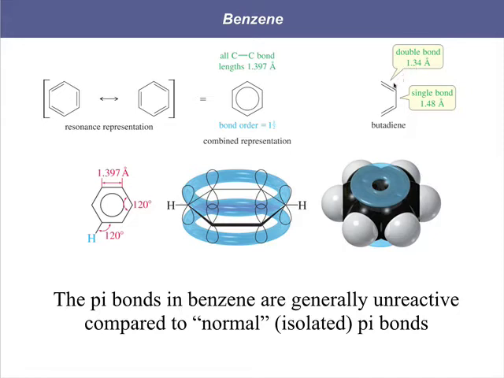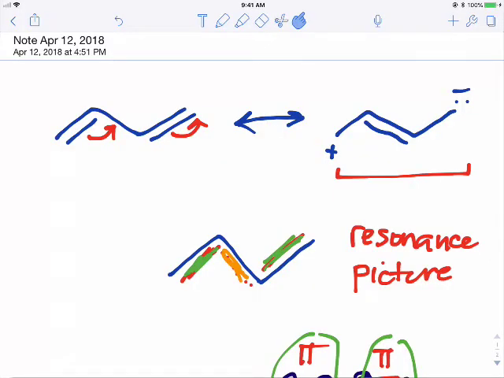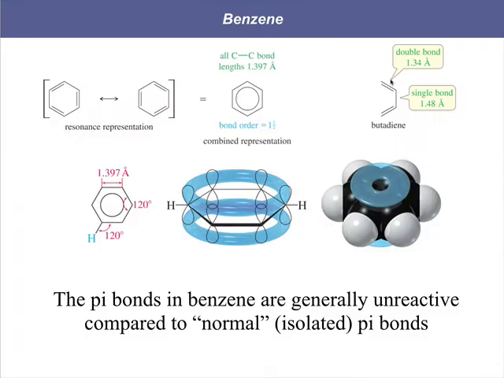And remember that according to our picture of resonance in 1,3-butadiene, that bond between carbon 1 and 2 is double bonded in one picture, but it's single bonded in the other picture. So it's more double bond like, less single bond like, but it's not a pure double bond. Same thing for the single bond. The single bond is more single bond like, less double bond like.